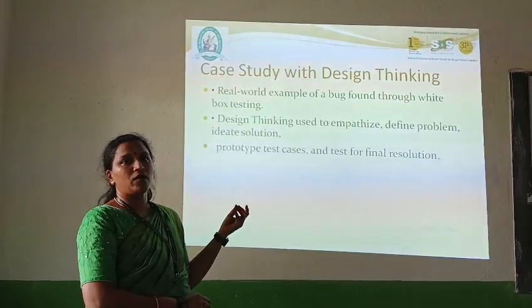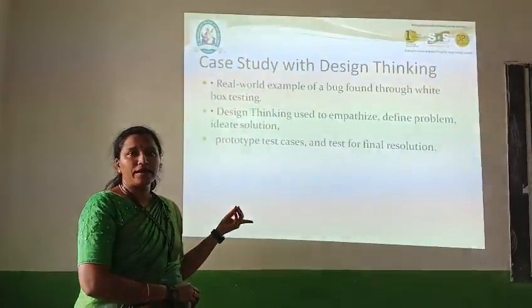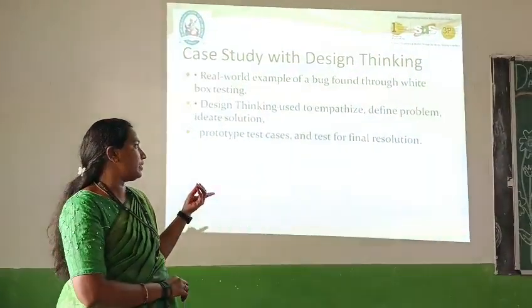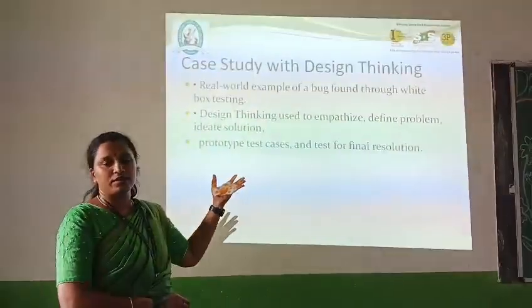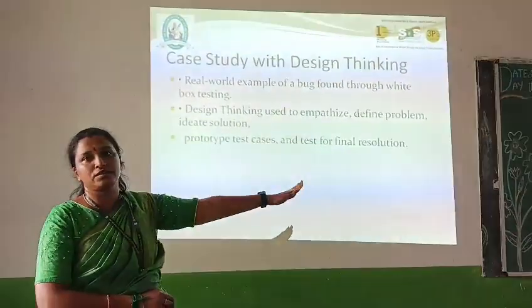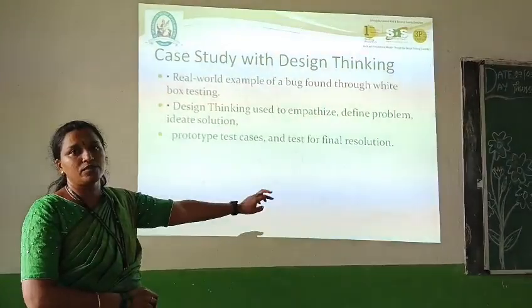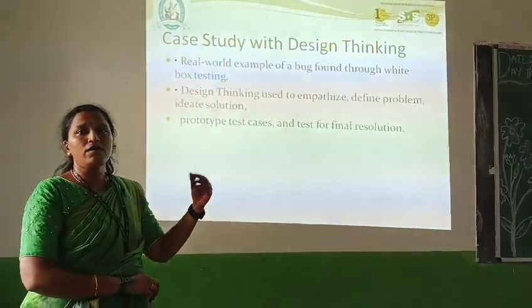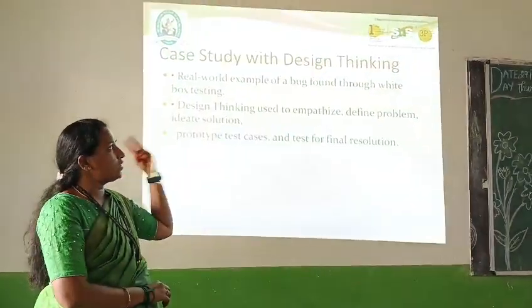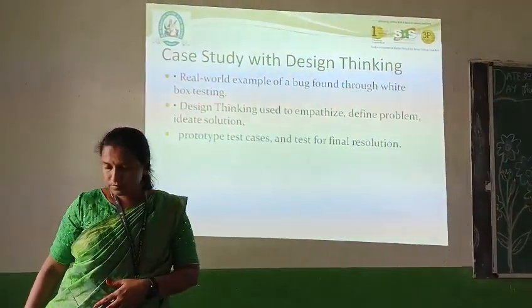Using that software, we go through the testing process, debugging, and accurate quality, with a prototype for the test cases. The final one is the resolution, gathering information from the customer or user. Using that, we can go on to the next step.